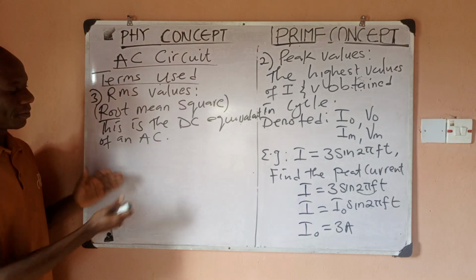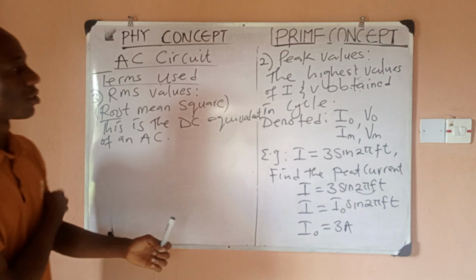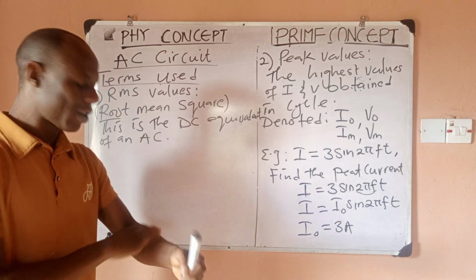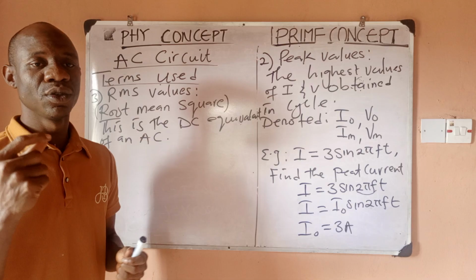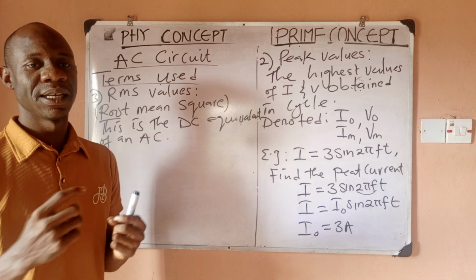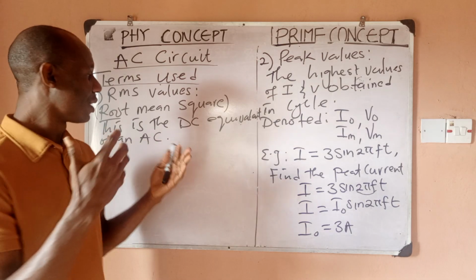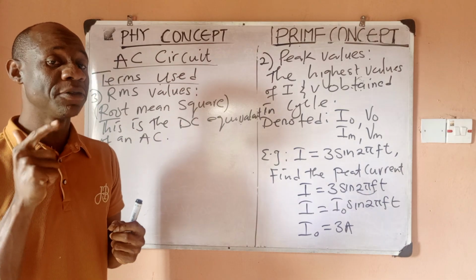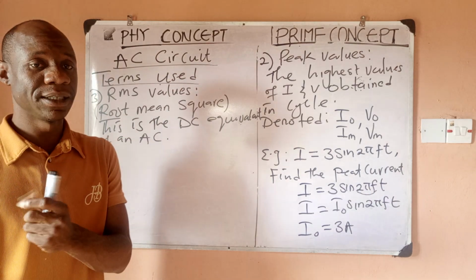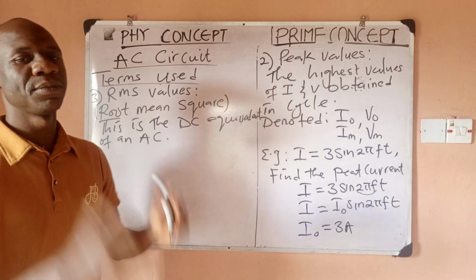We can say that RMS value is that steady current that will produce the same heating effect as an AC when allowed to flow through the same resistor.